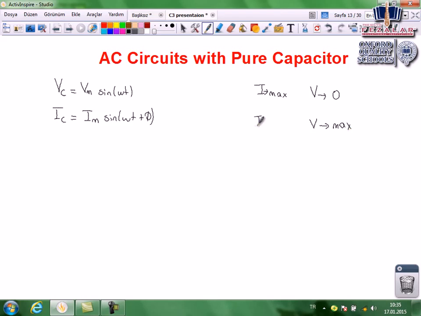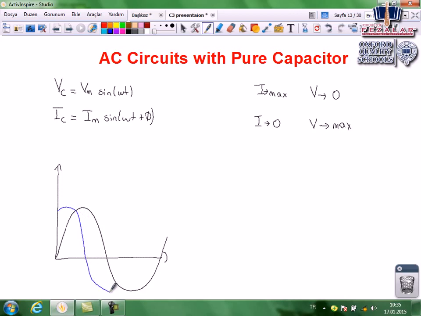There will be no current in the circuit. When we draw sine curves of voltage and current, initially voltage is minimum with the black curve, and then current is maximum. When voltage is maximum, current is minimum, and when voltage is minimum, current is maximum, like that, and this is current. As you see, there is a phase difference between them, but current leads voltage.